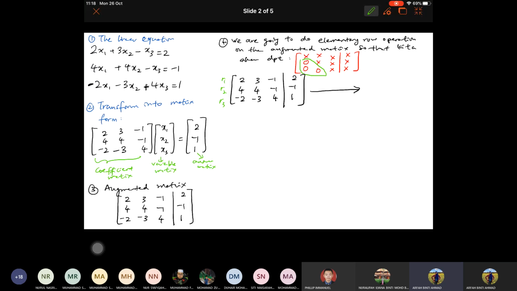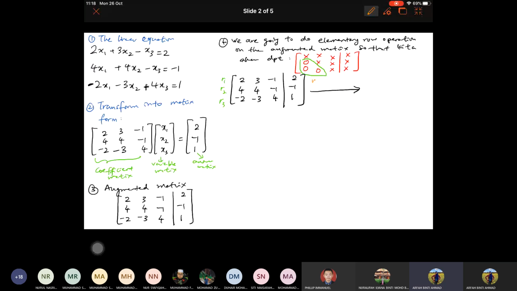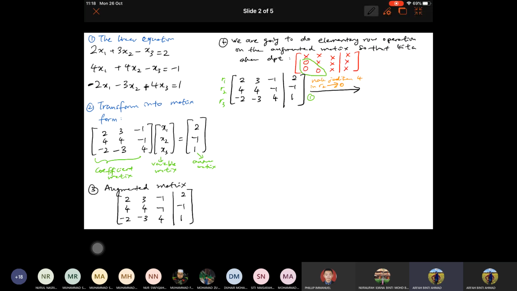Okay, first aim kita. First nak jadikan 4 in row 2 to become 0. So apa possible operation? Okay, first awak tengok row 1 akan ada ubah apa-apa tak?